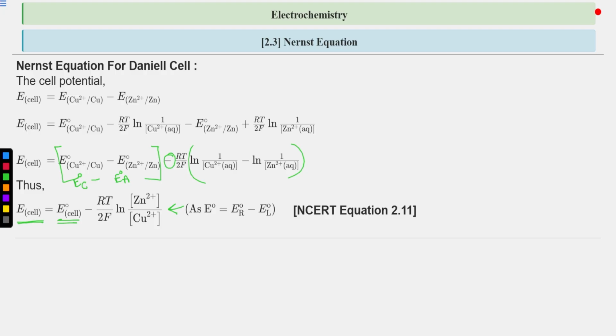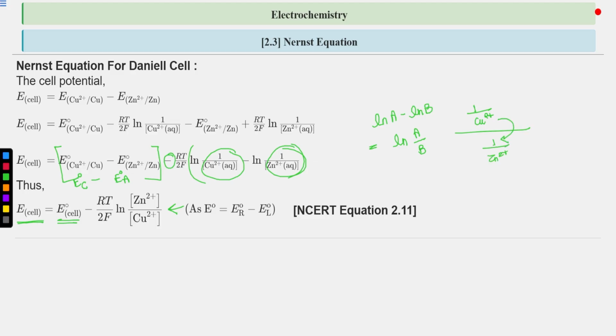So basically we have ln of this minus ln of this, that will become ln of this term upon this term. We used the logarithmic conversion: if we have ln A minus ln B, you can write it as ln A by B. Simply we have written 1 upon copper 2 positive upon 1 upon zinc 2 positive.